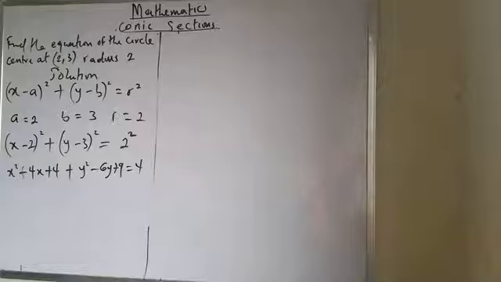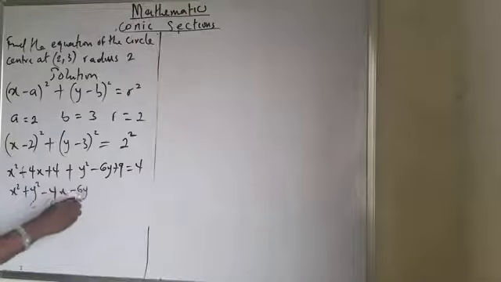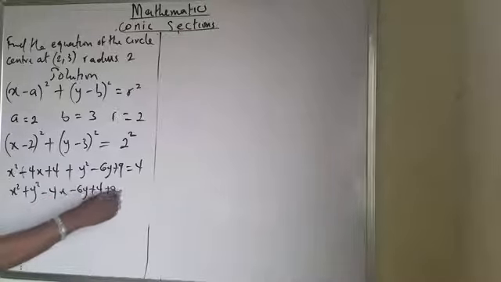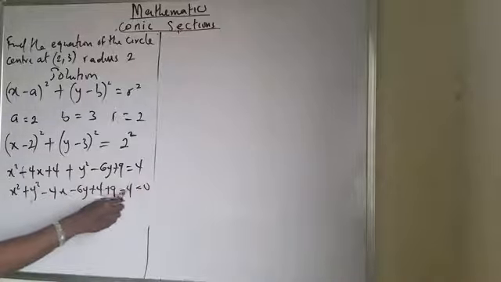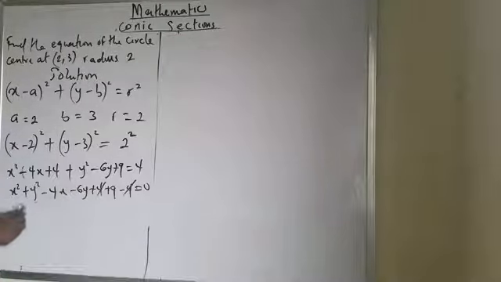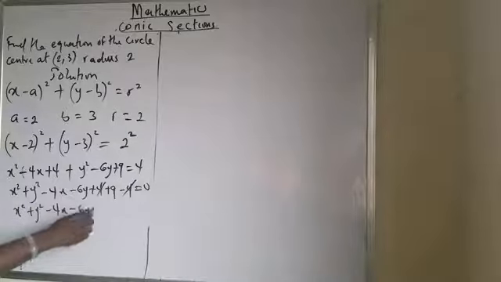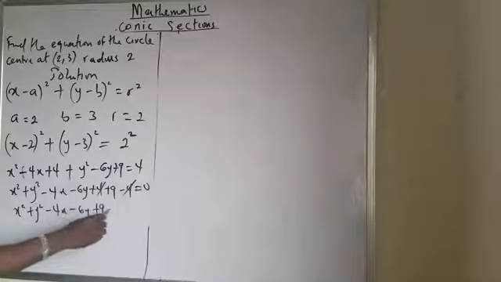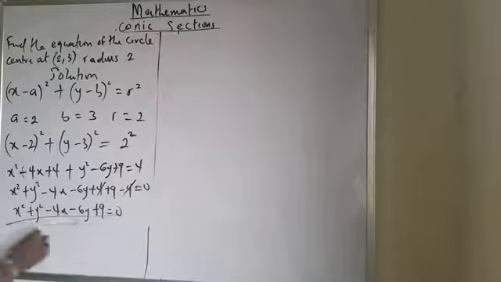Collecting terms, x squared plus y squared minus 4x minus 6y plus 4 plus 9 minus 4 equals 0. So my x squared plus y squared minus 4x minus 6y plus 9 equals 0. That is the equation we are talking about. That is all.